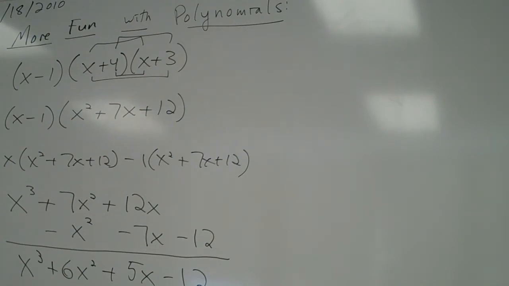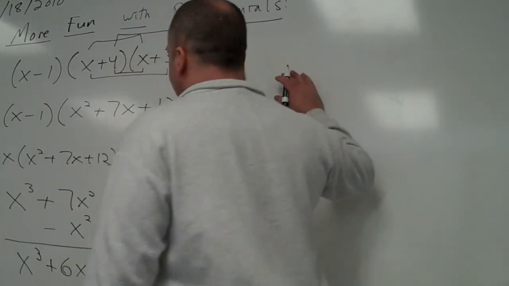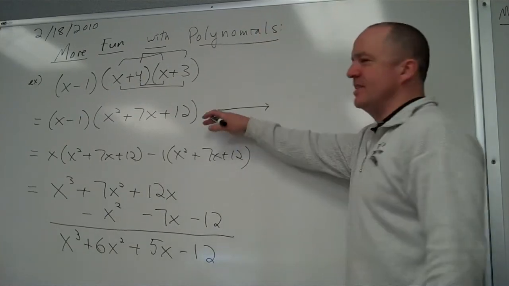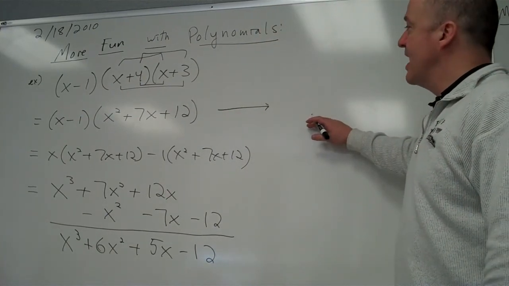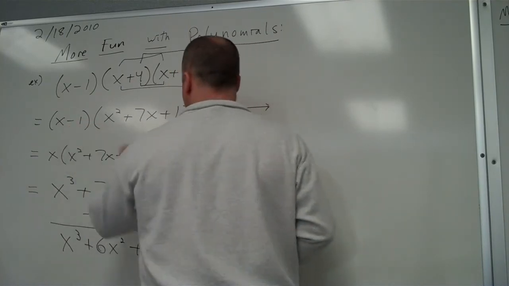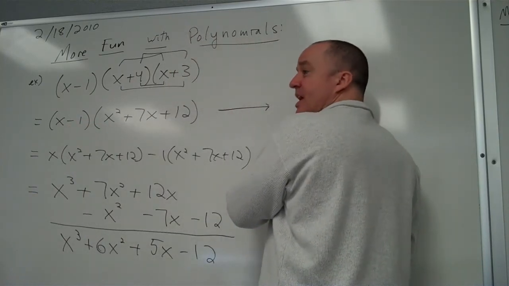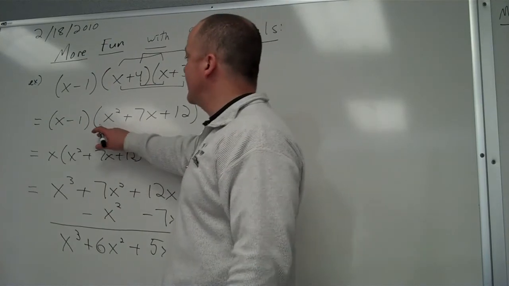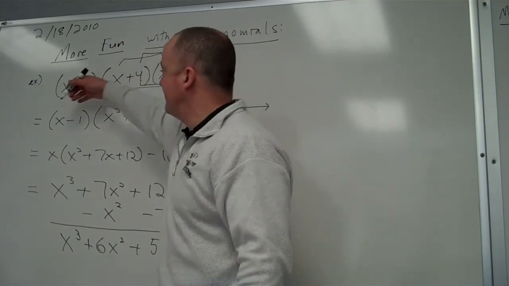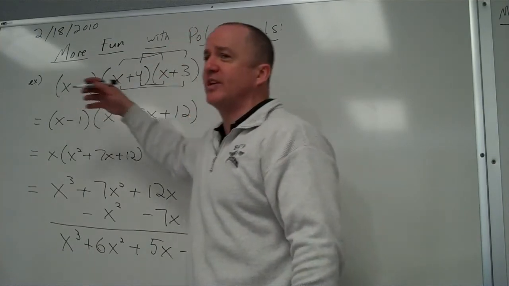I only want to make one other point real quick. You can do this another way and get the answer, and I'm just going to show that to you. From this step, I decided to do the x times these three terms and the minus 1 times these three terms. It would have been just as correct to do the x squared times these two terms, the plus 7x times these two terms, and the plus 12 times these two terms.